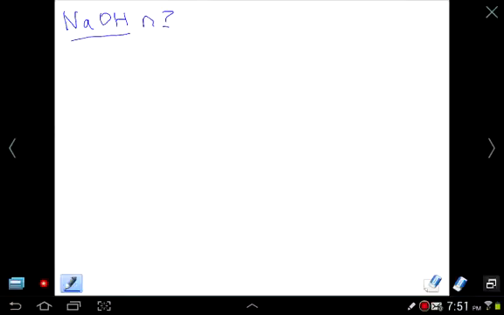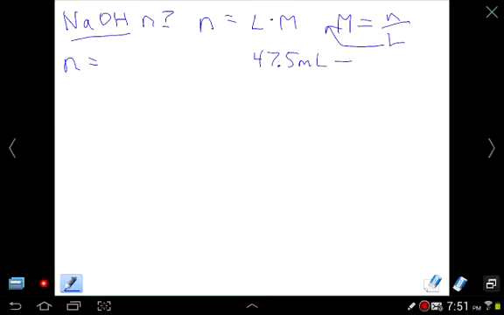So our moles comes from the molarity equation, which we've described earlier as liters times molarity. Molarity is moles over liters, so we're just moving liters this way. Our liters: we have 47.5 milliliters, and converting this to liters, we move the decimal left 3 times, and get 0.0475.